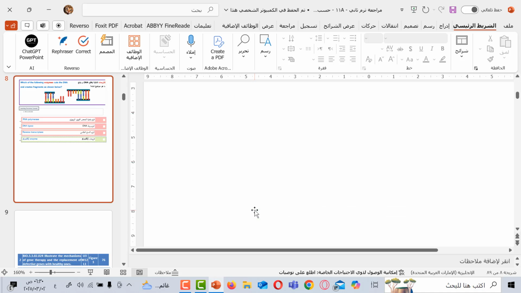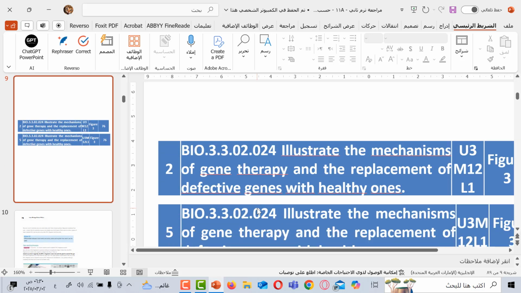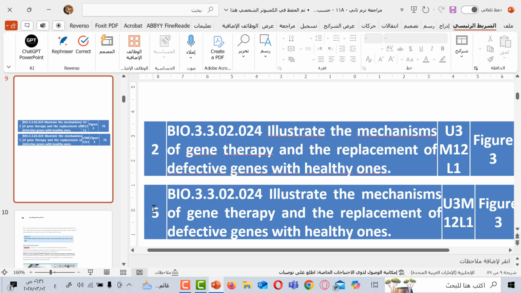Okay, another question or another page. Yes, in this page we have two questions: question number 2, question number 5. This is the number of the question, and this is the objectives, and this is the number of the aim or objective.